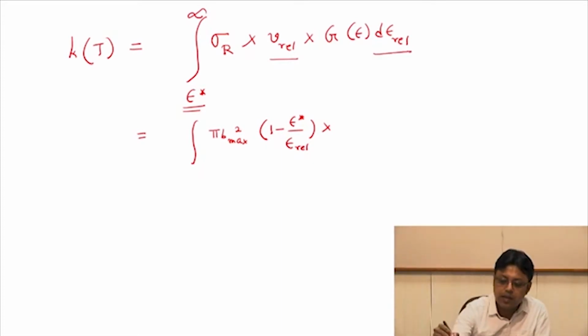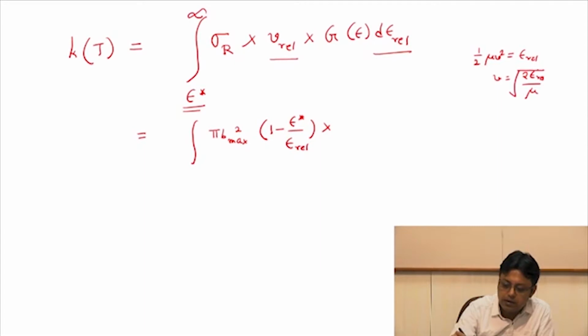So we can easily say that you already know this thing, half mu v square is epsilon relative. So v is nothing but the square root of twice epsilon relative divided by mu.